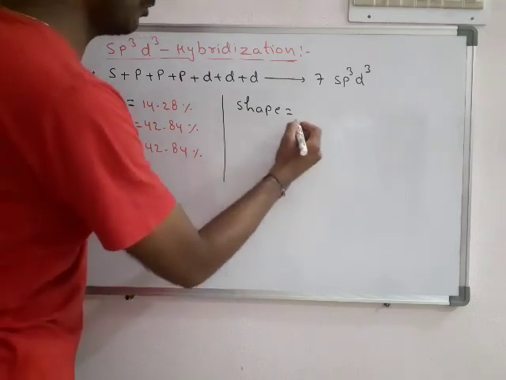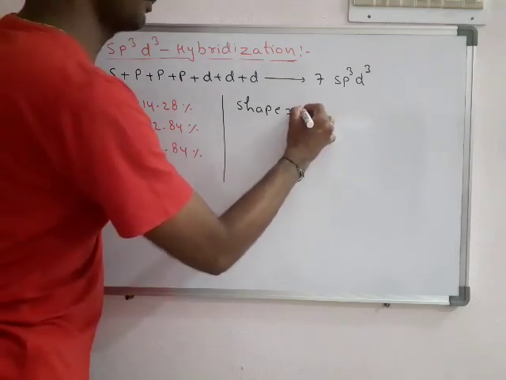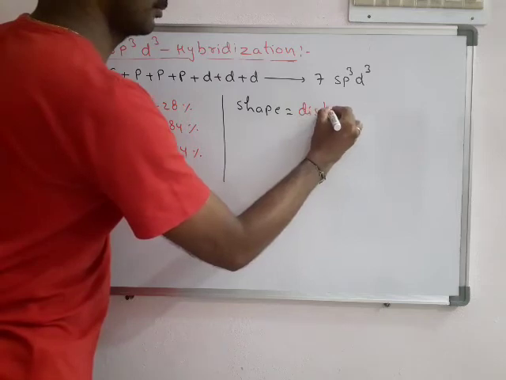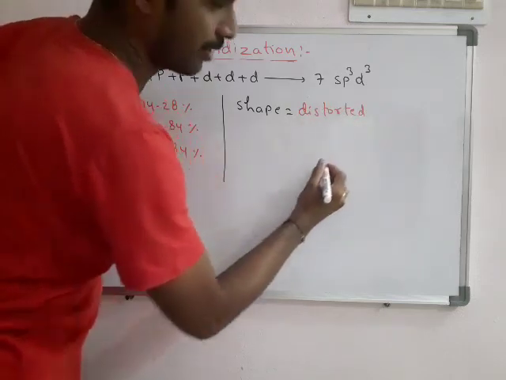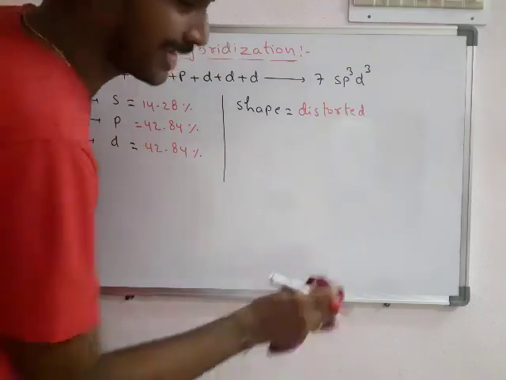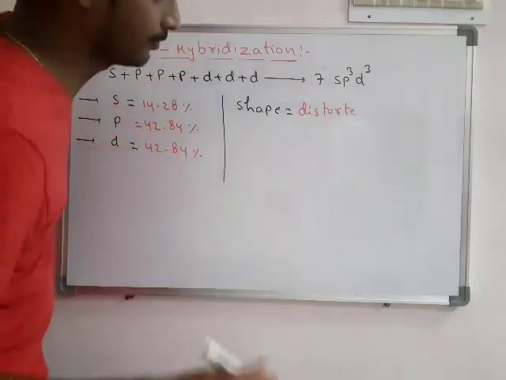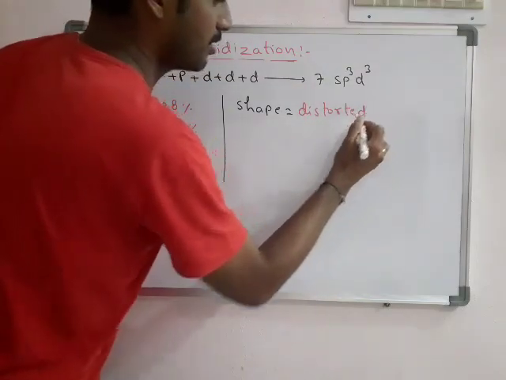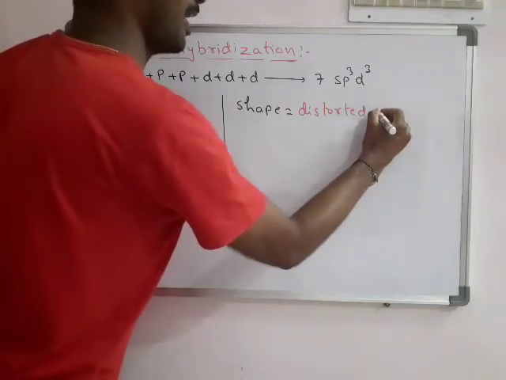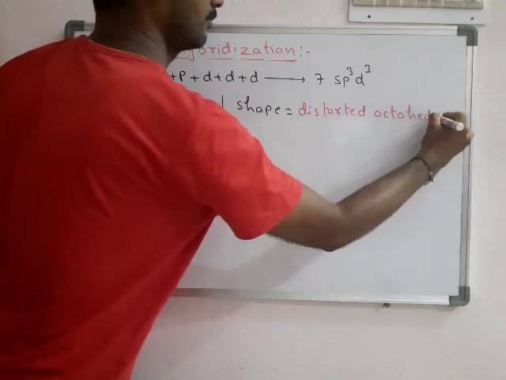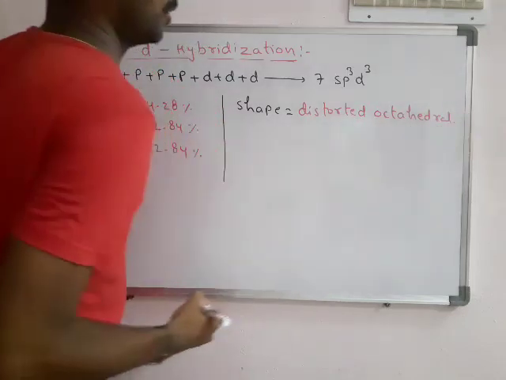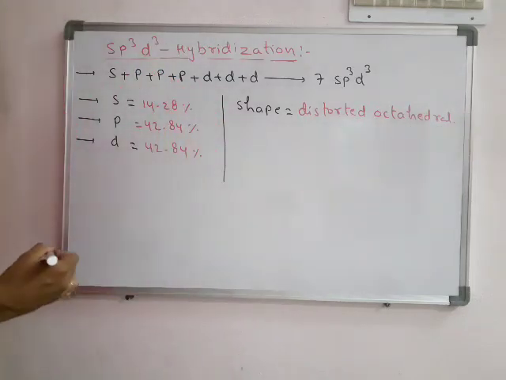Therefore the shape is treated as distorted. Distorted means some changes are present. It is called distorted octahedral.